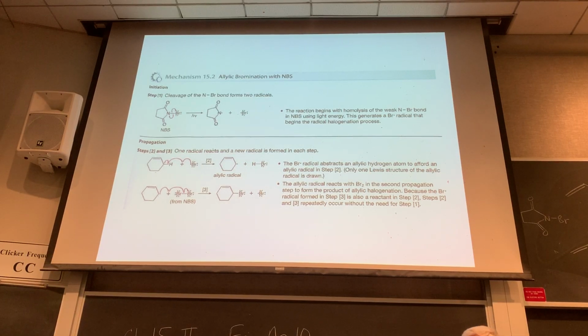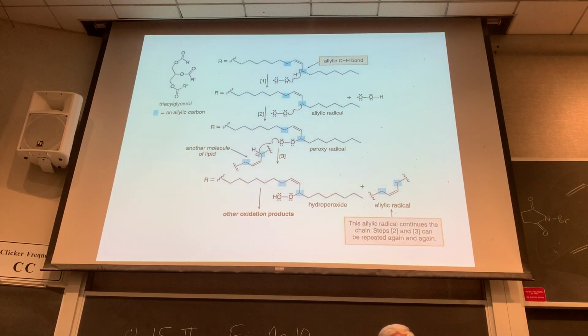Now, the other reason why this is important has to do with this effect right here. So what are we talking about here? Well, here are our fats, acyl triglycerides. We've talked about these fatty acids or these fatty esters. We've talked about saturated fats, stearate and palmitic acid. We've talked about monounsaturated fats, like this one here. This is oleic acid, which has a cis-alkene at the nine position.